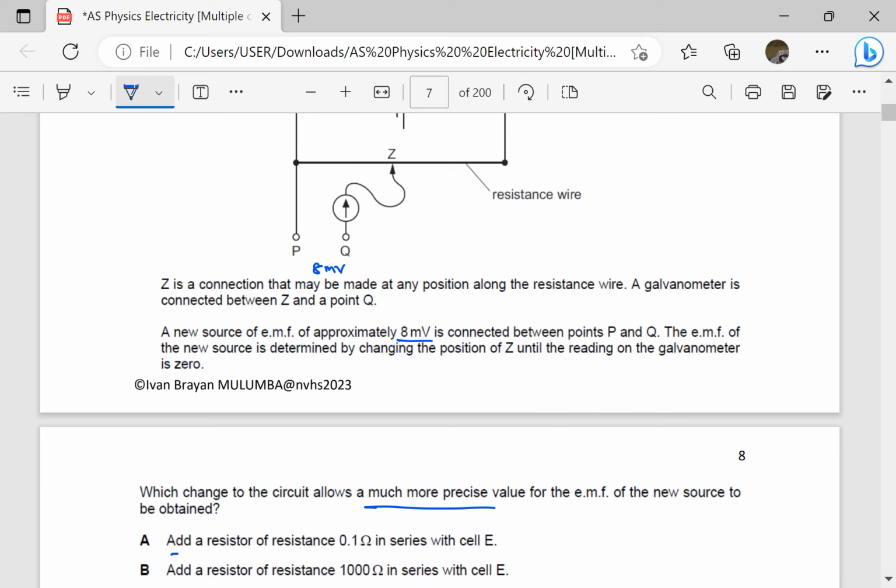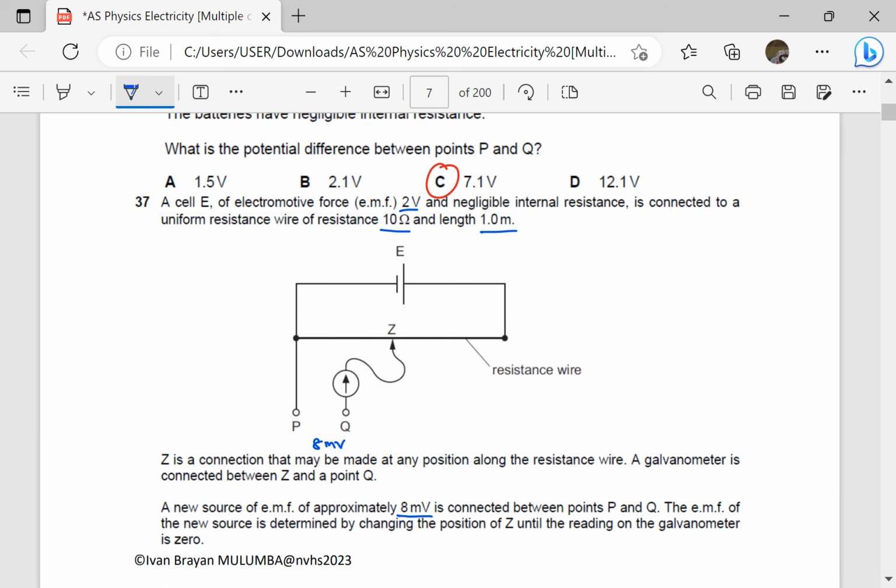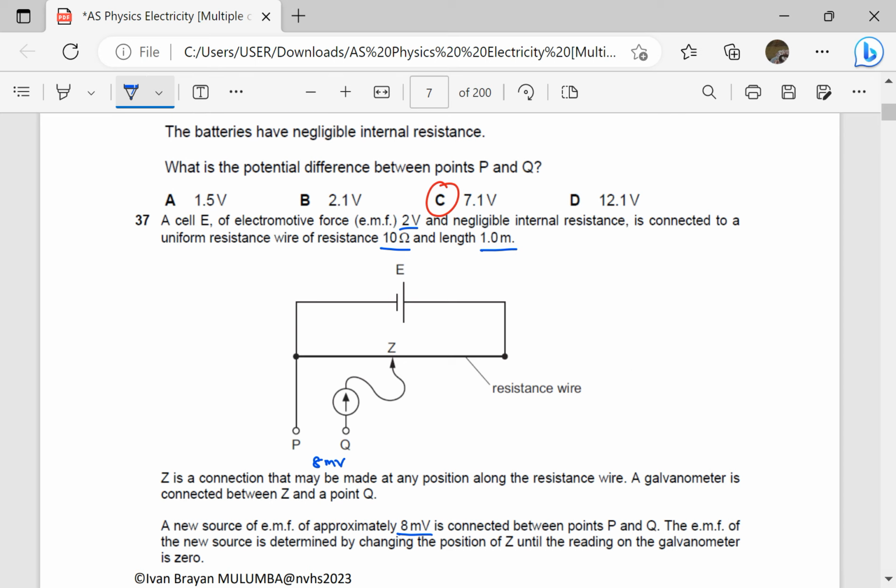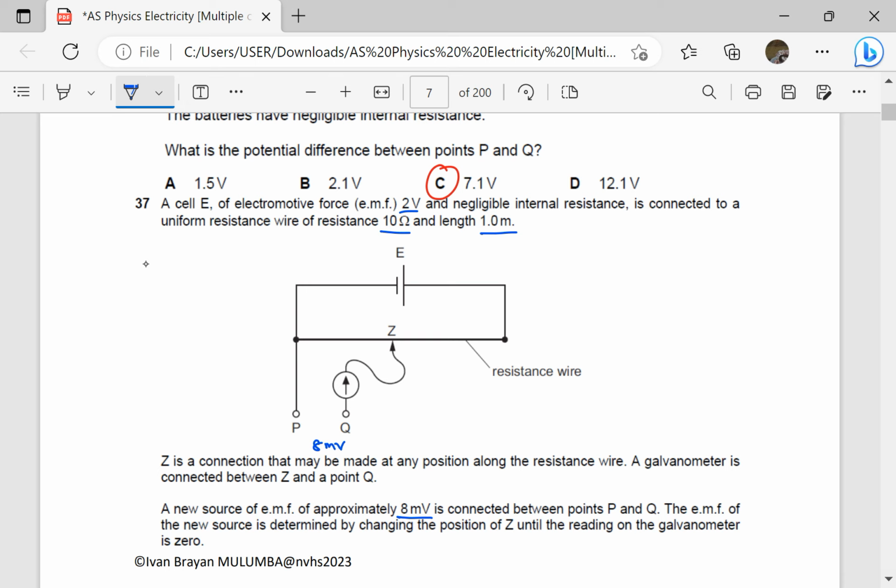Okay, 0.1 in series. What was the resistance of the wire connected? The resistance was 10 ohms. So if we add a resistance in series, 1 ohm here, 0.1 ohm there, it means the PD across these 2 points is going to be the resistance of the wire, 10 ohms, divided by the total resistance.